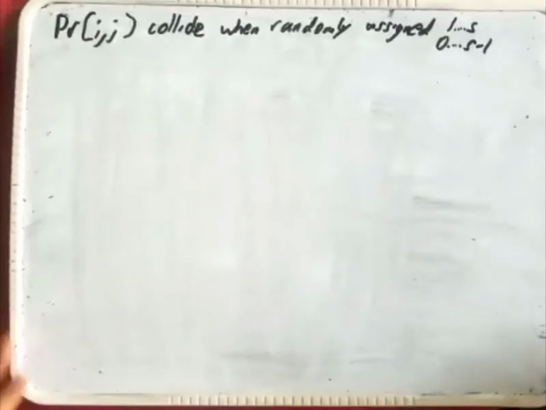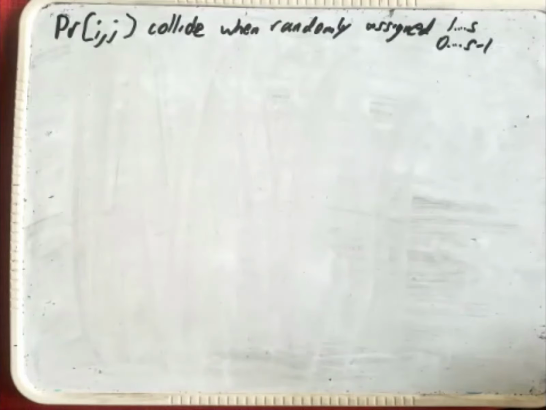So what is that probability? It's 1 over S.